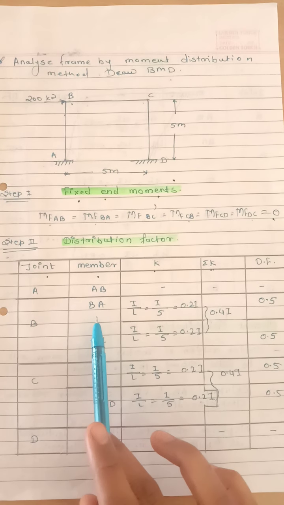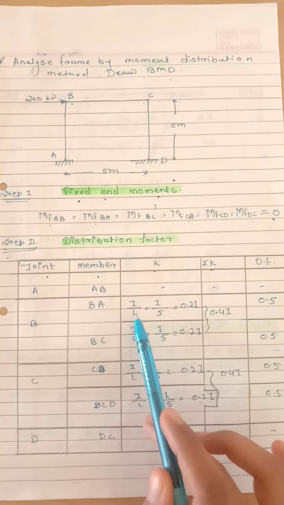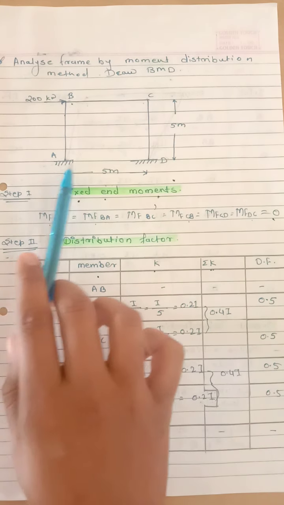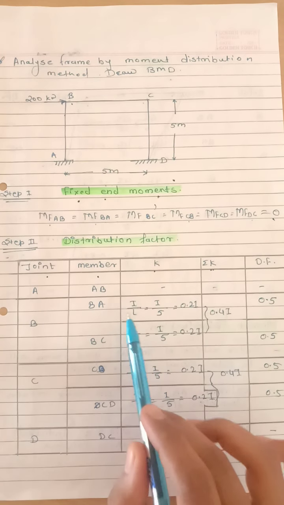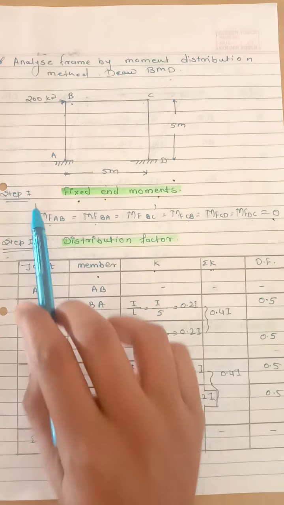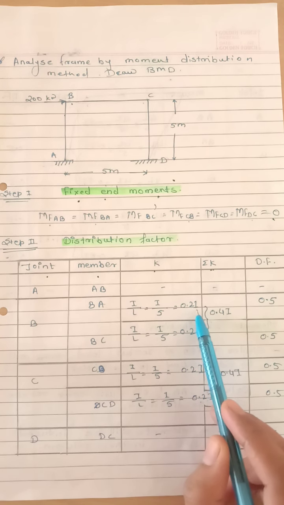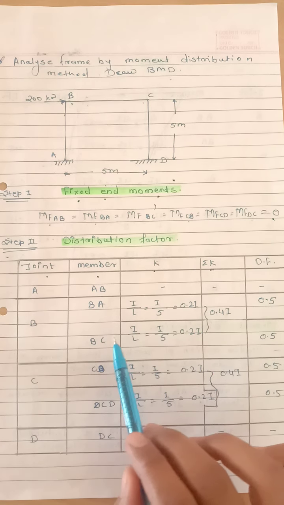For BA, the relative stiffness formula is I by L because of fixed end supports. So I by L is equal to I, which is constant, divided by length 5 meter, so 1 divided by 5 is 0.2I.